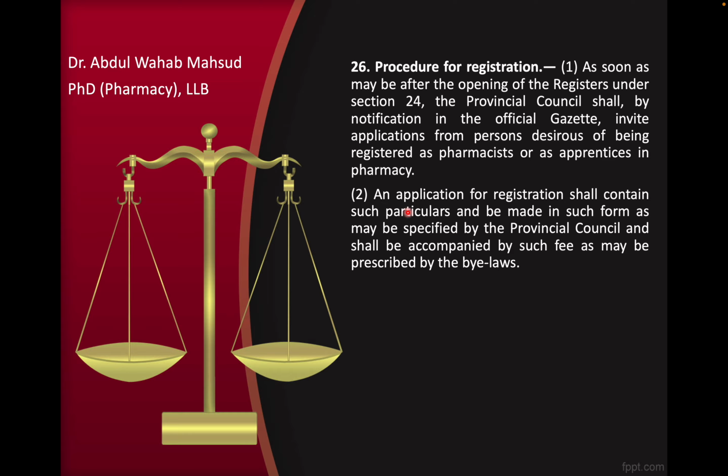Subsection number 2. An application for registration shall contain such particulars and be made in such form as may be specified by the provincial council and shall be accompanied by such fee as may be prescribed by the bylaws.